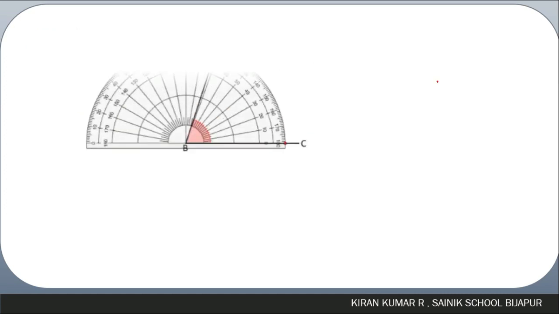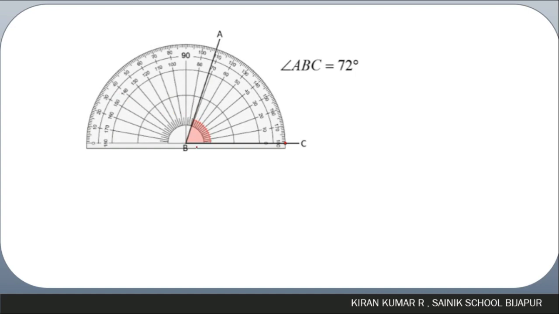Look at this. The protractor is placed in such a way that the center of the protractor lies on the point B. The protractor is adjusted so that BC lies over the straight line of the protractor, and 0 degrees lies at C. Then we measure from left to right, from 0 degrees to the line segment AB.